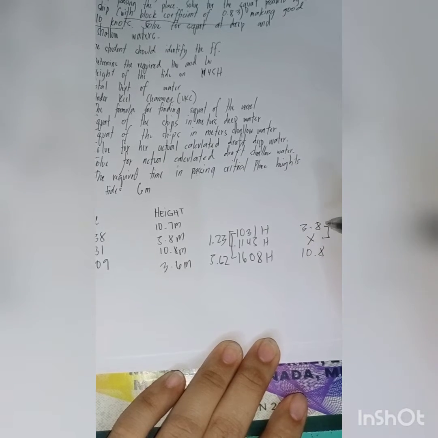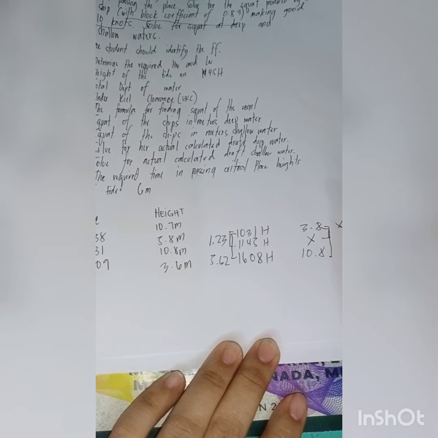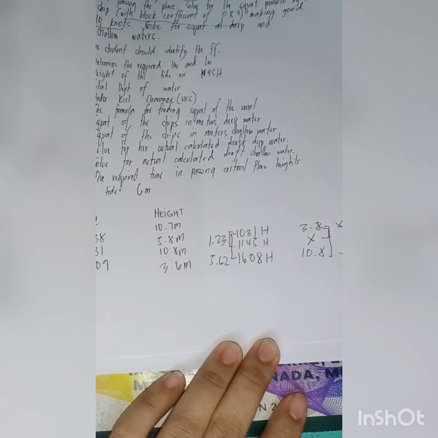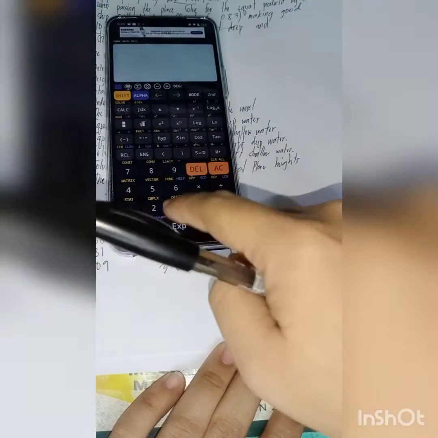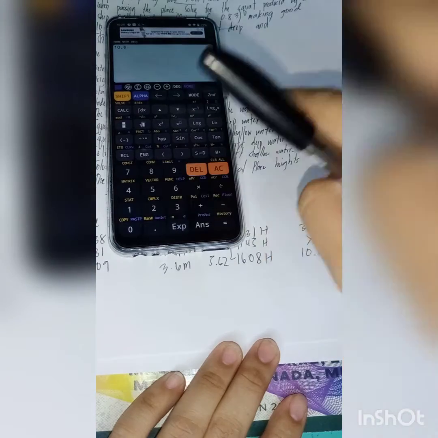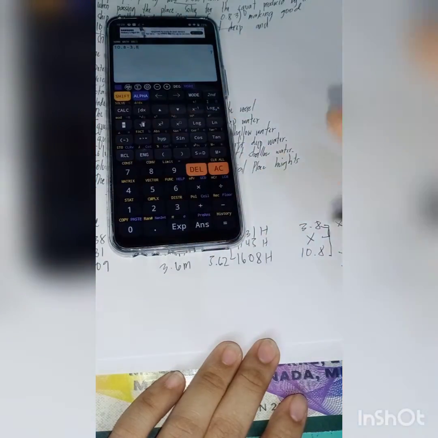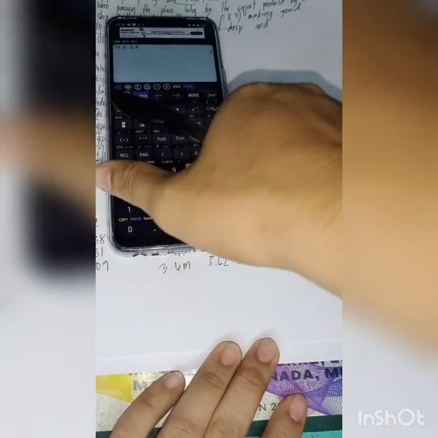The difference between 3.8 and 10.8 is 7. Why 7? 10.8 minus 3.8 is equal to 7. So it's 7, the difference.